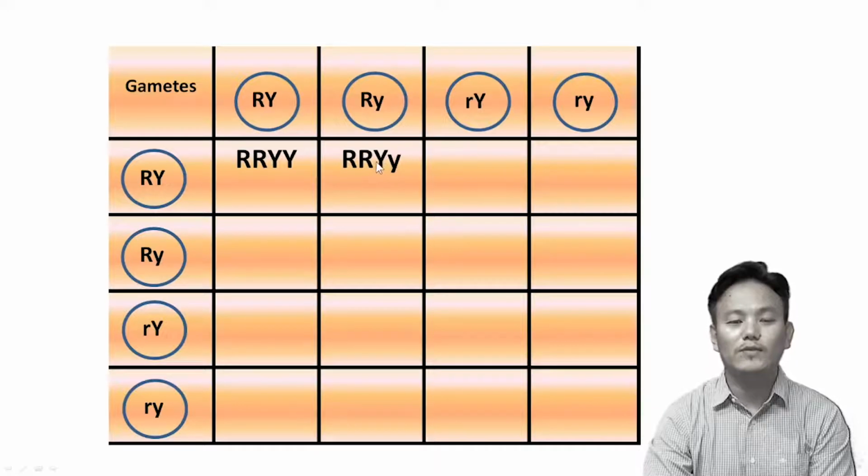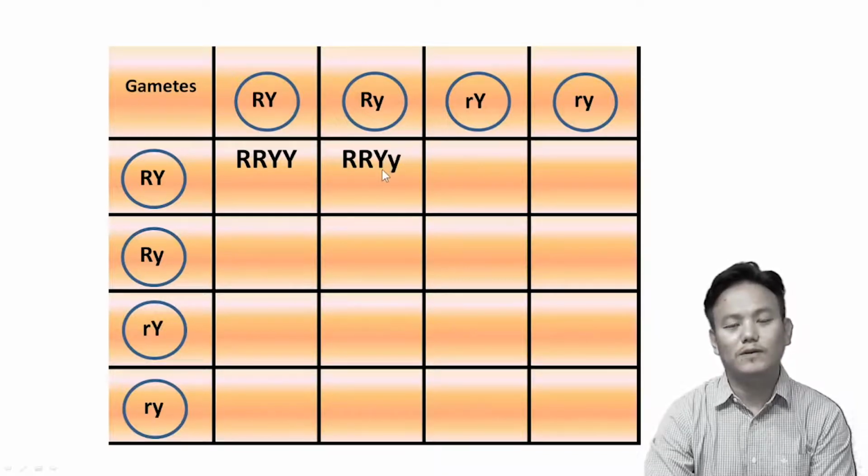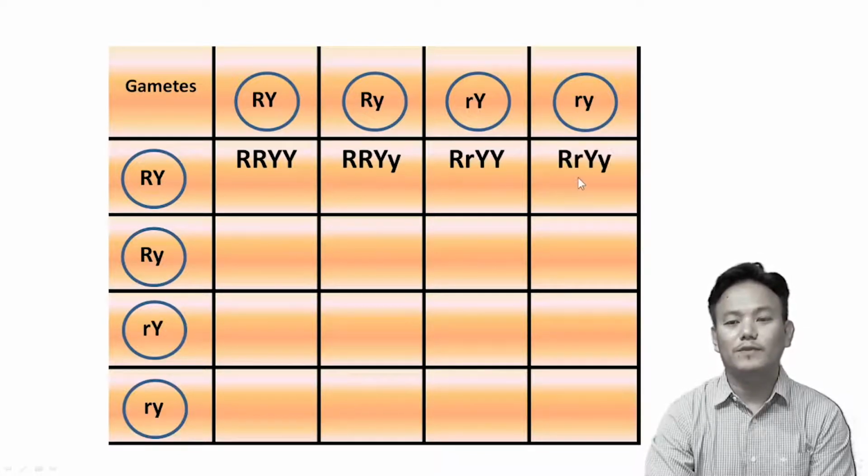You cannot write small y and then capital Y over here. It is by convention. You may do that, but it is more convenient for you to write it in this particular manner. And these two can fertilize each other and give this particular generation.